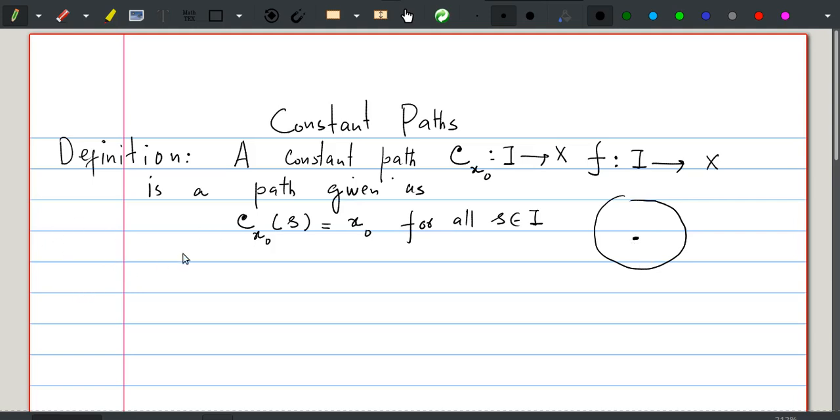Now let us do the following proposition.